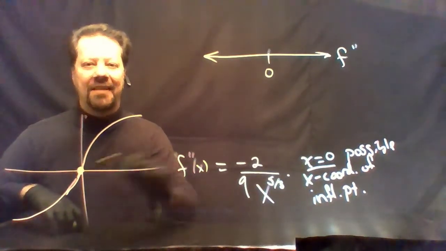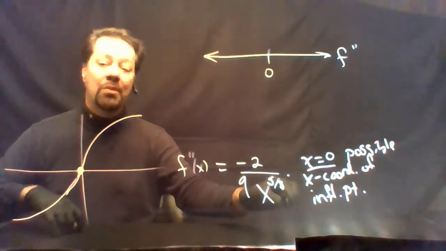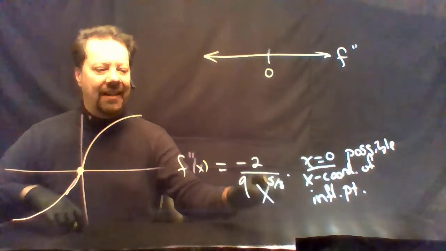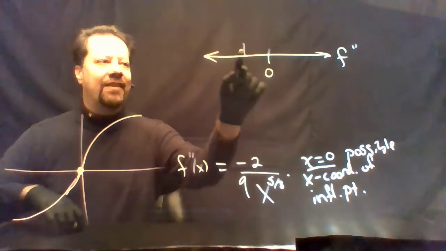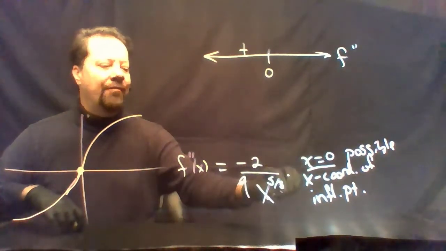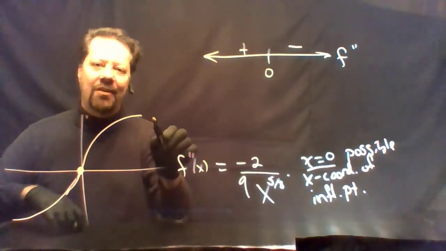If x is negative, you take the cube root of a negative and get a negative. The 5th power of a negative is still negative. Negative over negative is positive. It's concave up on the left. If we plug in a positive value, we'll get a negative, and so it's concave down on the right.